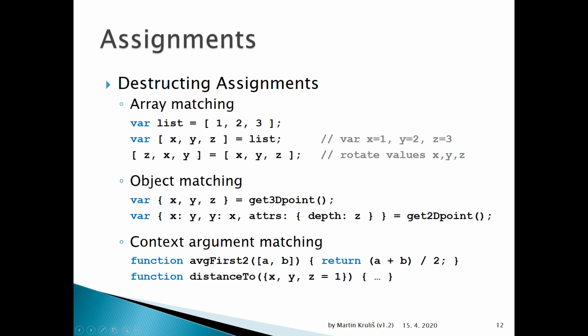It's cast to an array if possible, and broken down into 2 items a and b, which will be used in the body of the function. Same goes for objects over here. So this function will expect 1 object, and it will be broken down into 3 variables x, y, z, which are available in the body of this particular function.